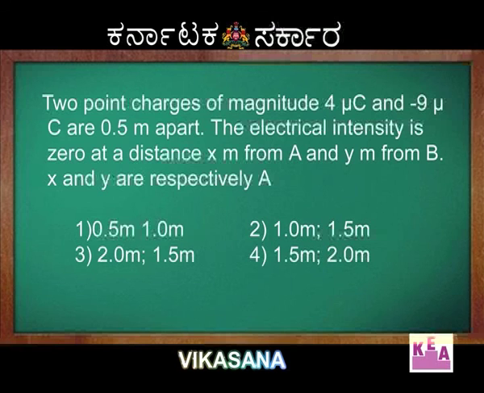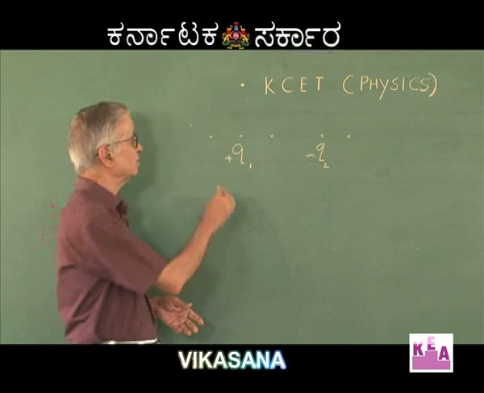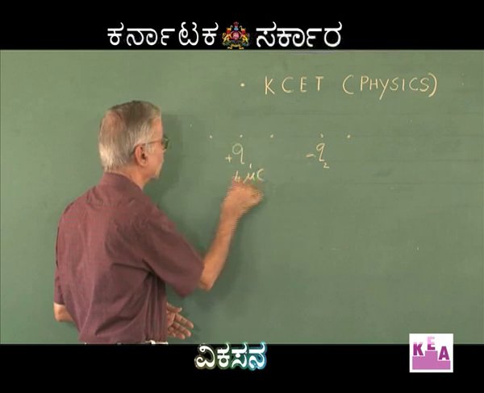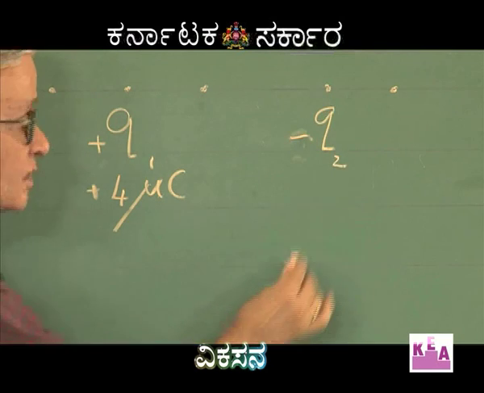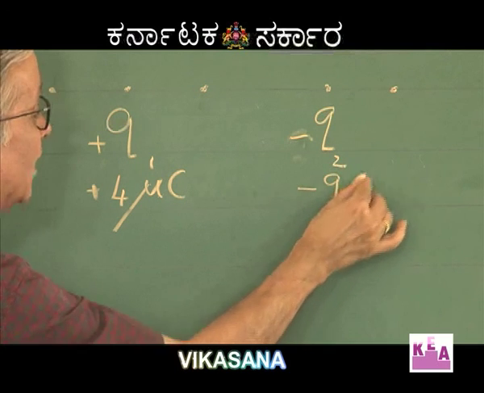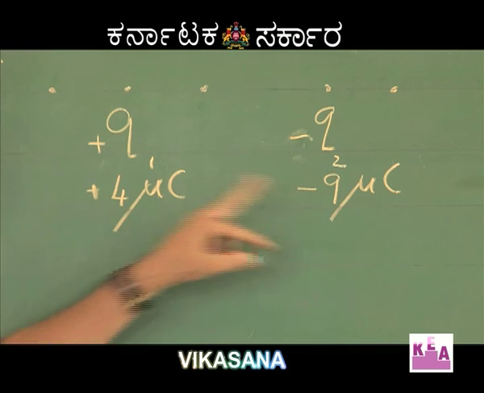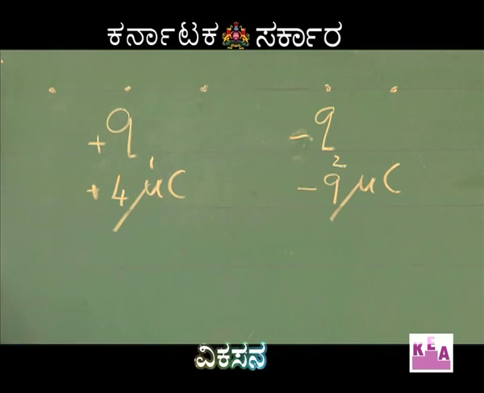Note one thing over here, that in this case Q1 is equal to plus 4 microcoulomb and Q2 is equal to minus 9 microcoulomb. Therefore, the 2 charges are of opposite nature.